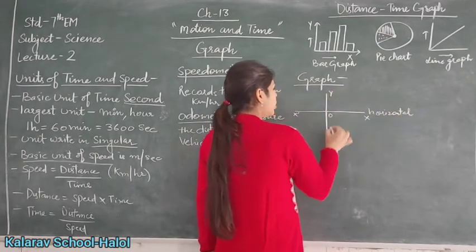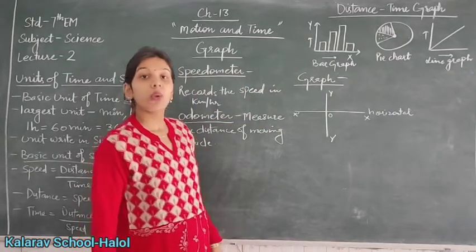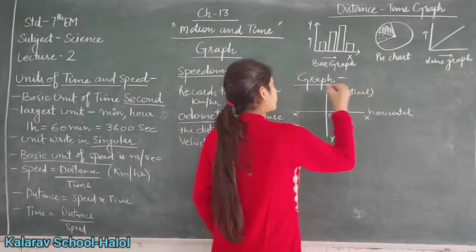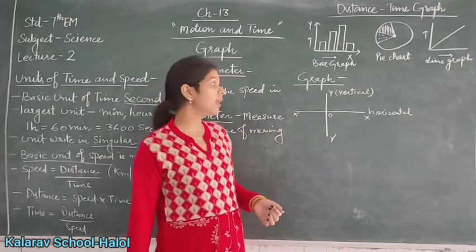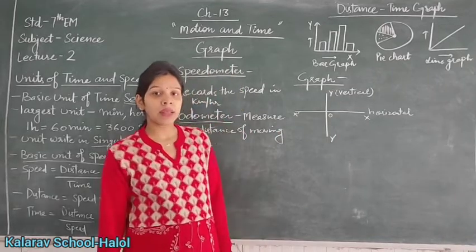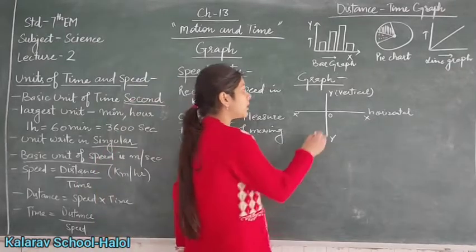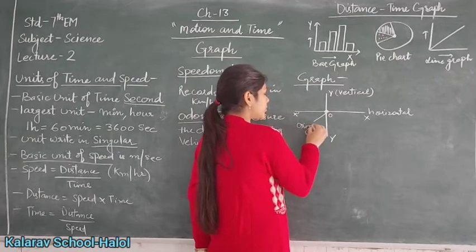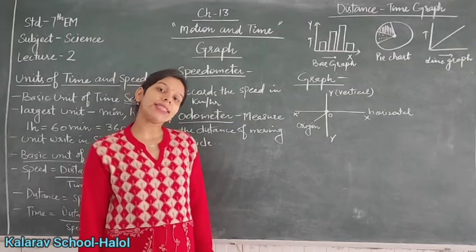The line Y O Y dash is called the vertical line. These two lines are perpendicular to each other and intersect at a point that is called the origin. So what is the origin? It is the point where the two lines intersect.